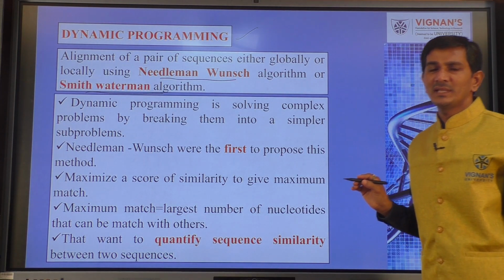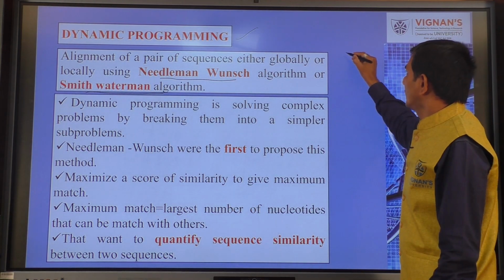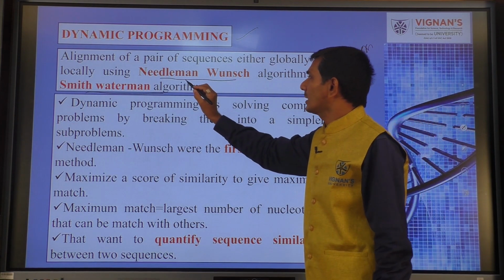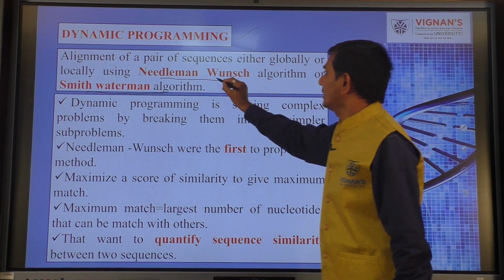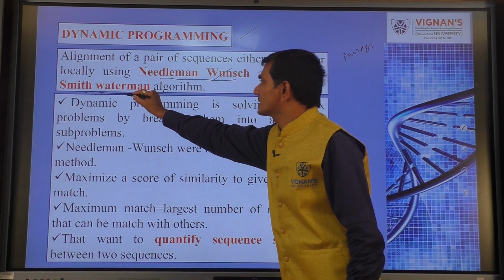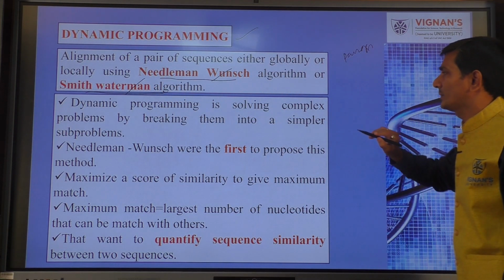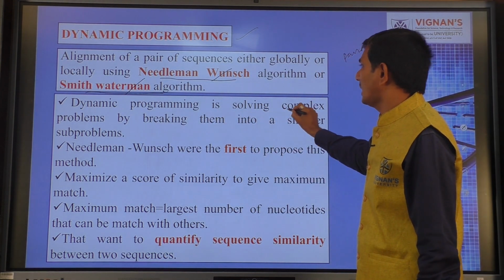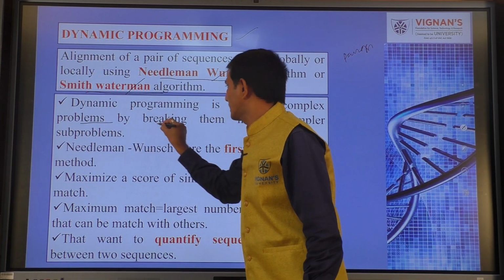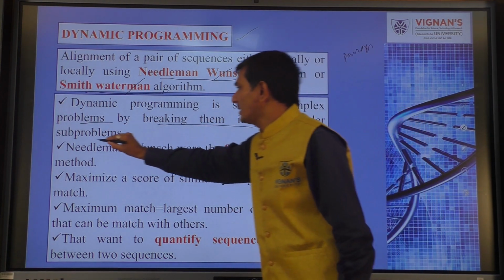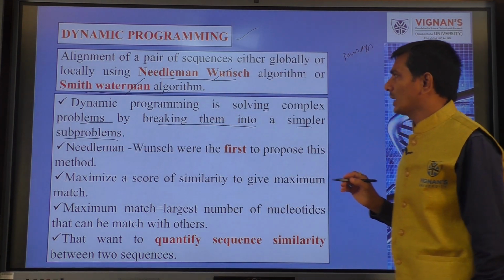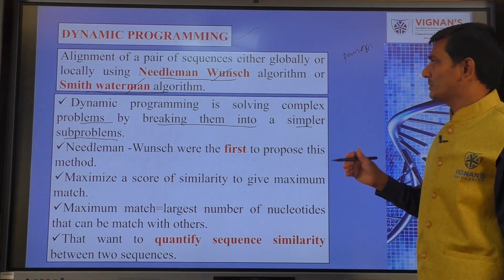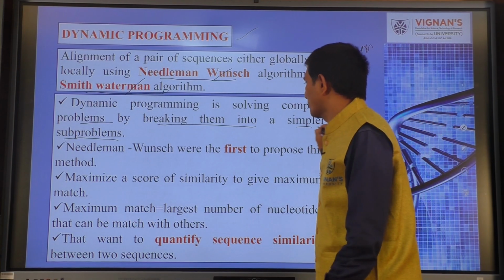Dynamic programming is mainly meant for solving complex problems by breaking them into simpler sub-problems.